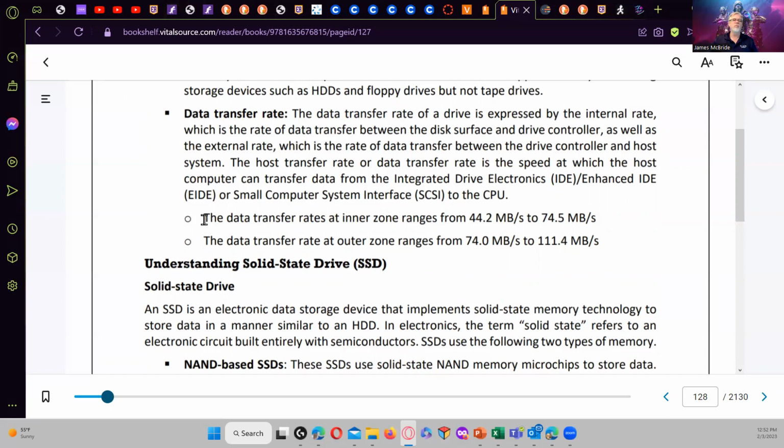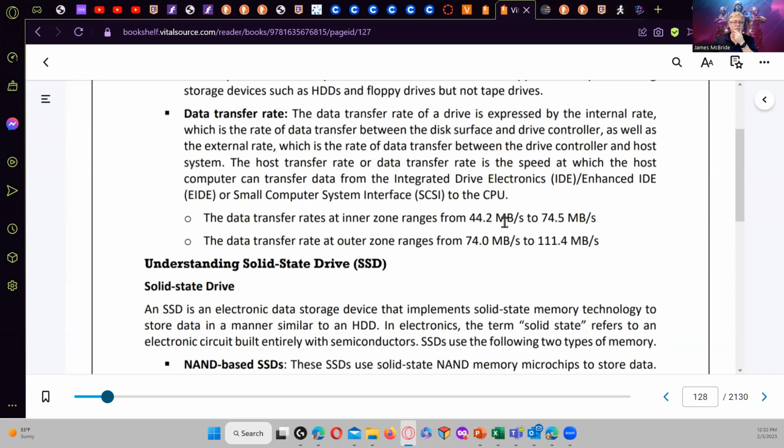And so this is how it, IDE is really old stuff. They talk about SCSI here. I'm not sure why SATA is not in here. IDE, we don't even use that anymore. But data transfer rates of your inner zones on the hard disk range between 44 megabytes. This is one of the things I don't like. Almost everything is rated in megabits when you're dealing with networking and so on.